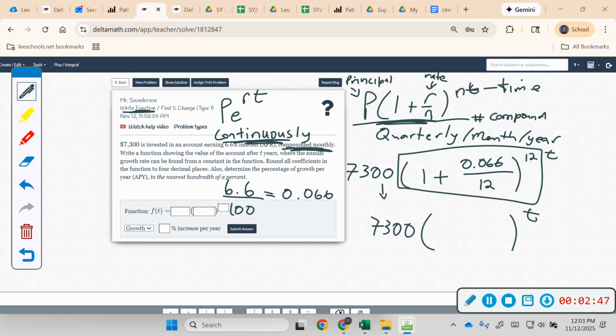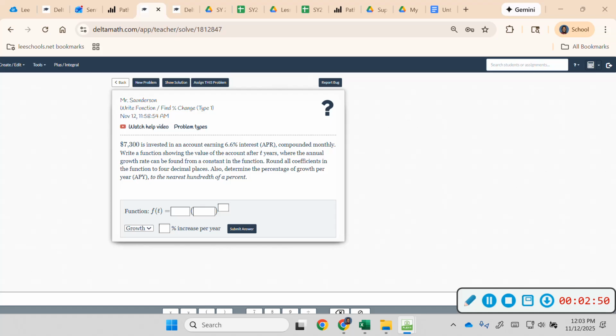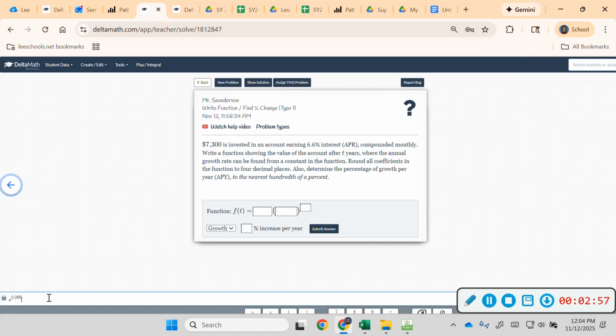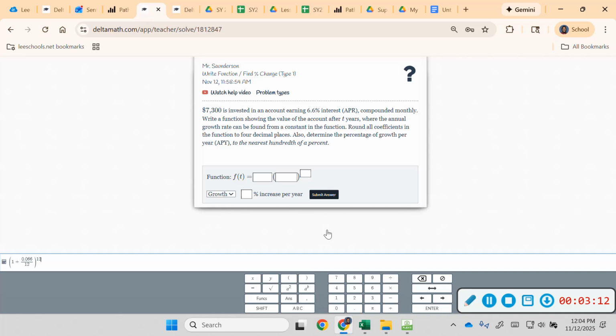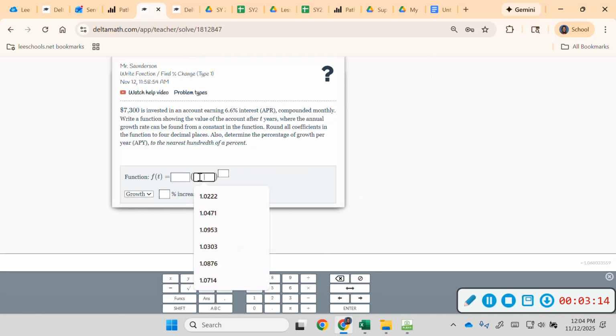So parentheses 1 plus 0.066 over 12, close parentheses to the exponent 12, and I got 1.06803.